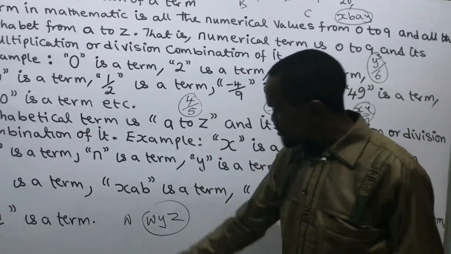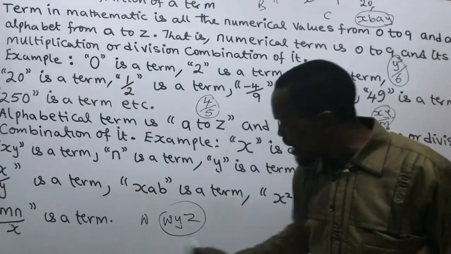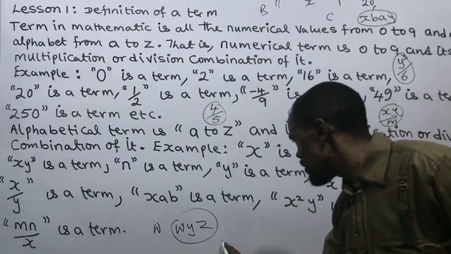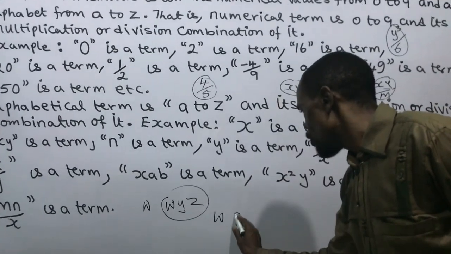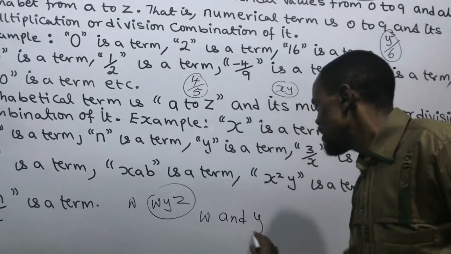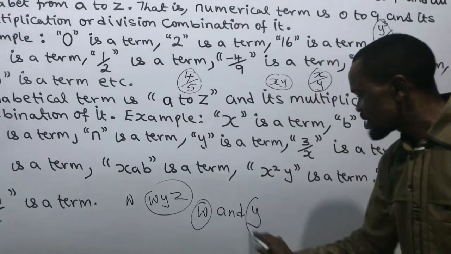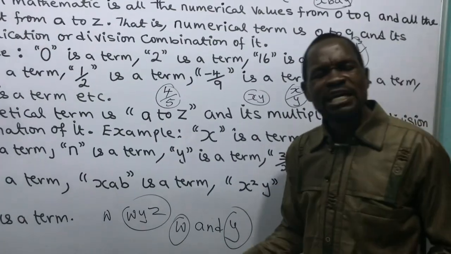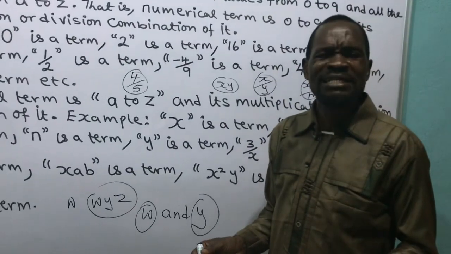It's a term. Look at this, w, y, z, is one term. If I write this now, w and the y, this is a term. This is another term. So we have seen that anything we write in mathematics is a term.